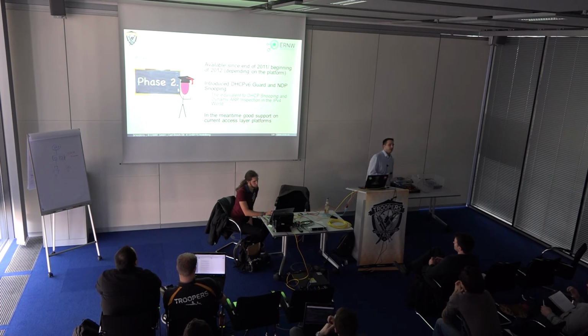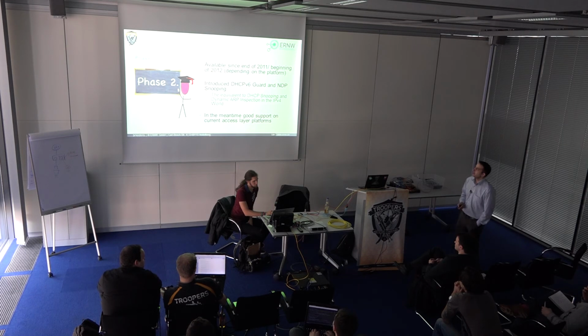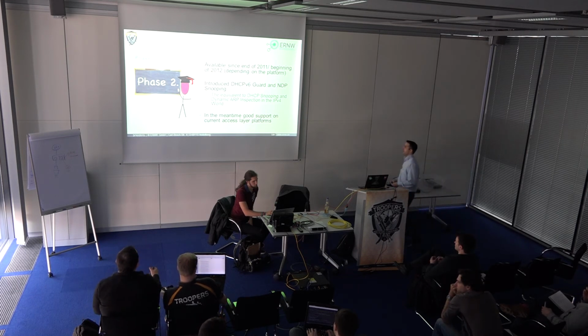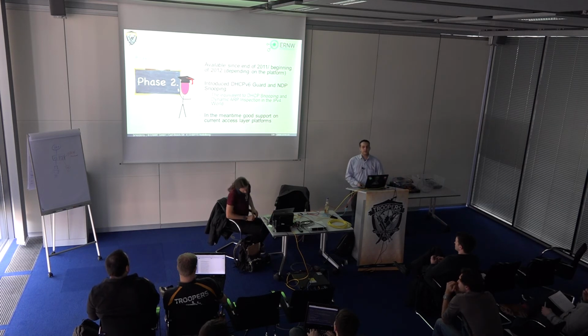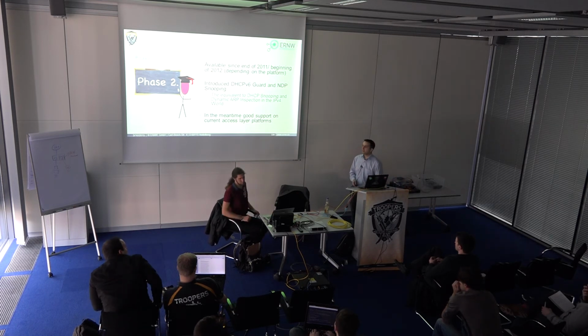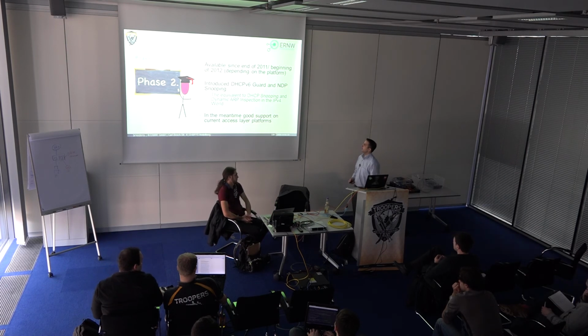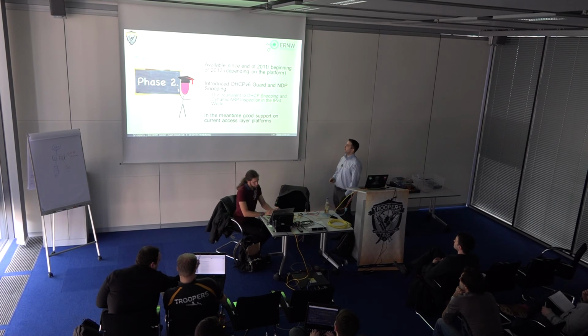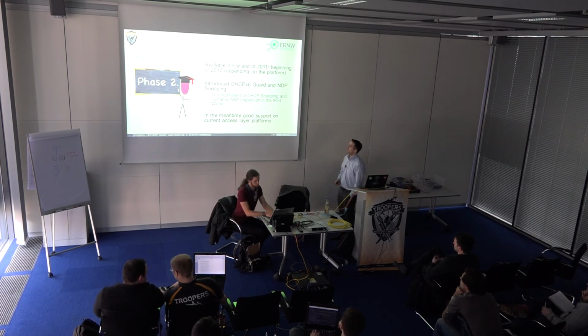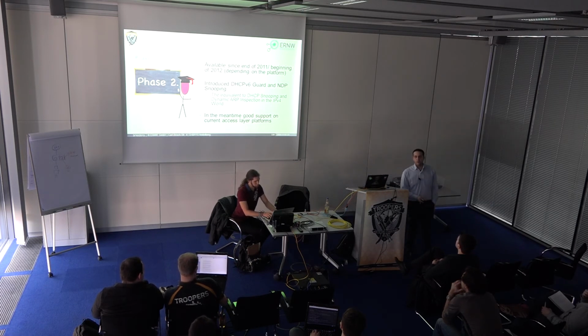NDP snooping is the equivalent to dynamic ARP inspection, so that the switch is validating the neighbor solicitation, neighbor advertisement packets to prevent the neighbor spoofing. And in the meantime, at least in the Cisco space, you have good support on your current access layer platforms, like 3560, 3750, 2960. So at least you are running a more or less up-to-date image.